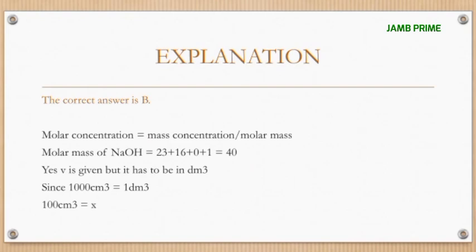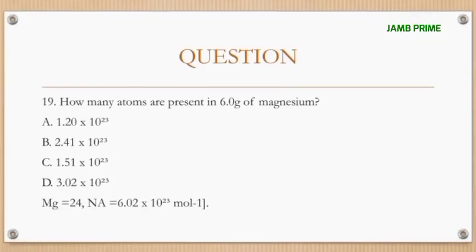Moving on to question number 19. It said, how many atoms are present in 6 grams of magnesium? In this question, they actually gave you the relative atomic mass of magnesium, which is 24.